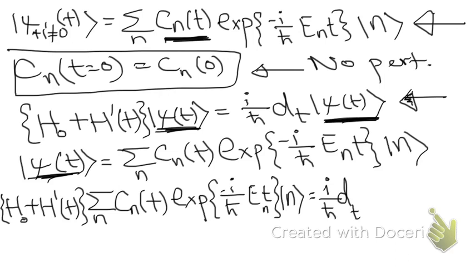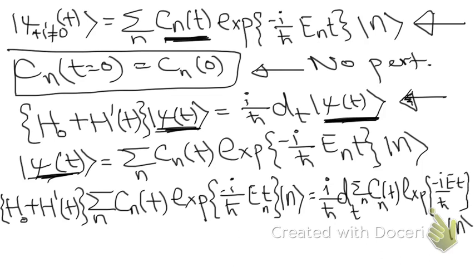That's the sum over all n of Cn as a function of time, times this exponential of negative i over h bar En t, on n. This n is outside the exponential, but it goes with it. So this is what we have now.